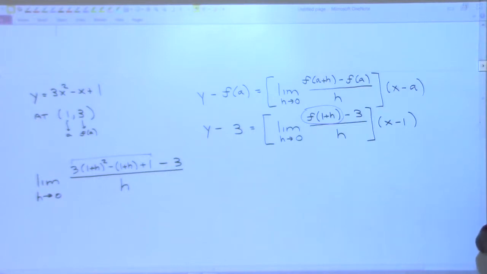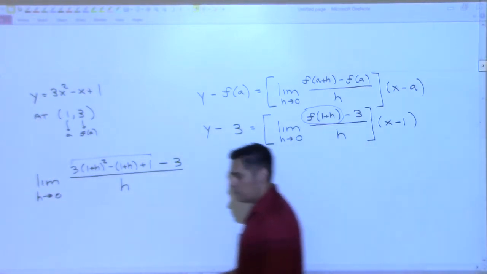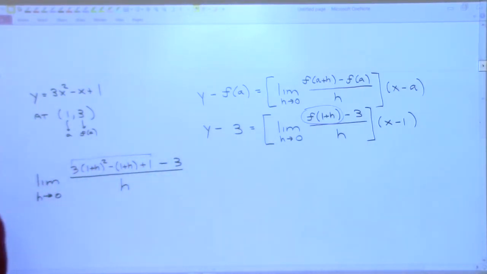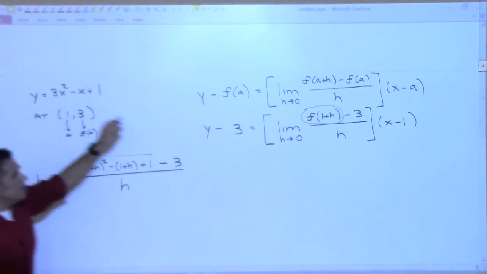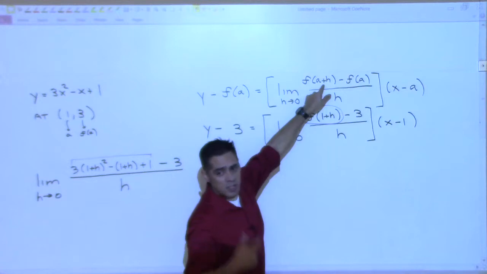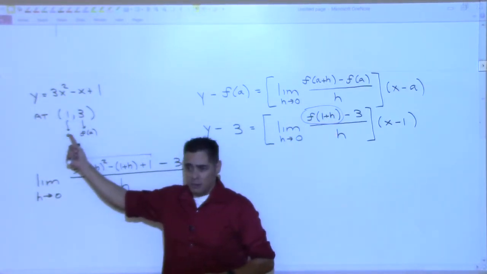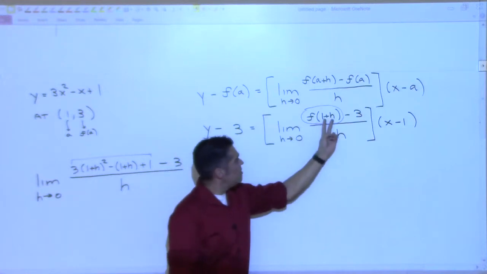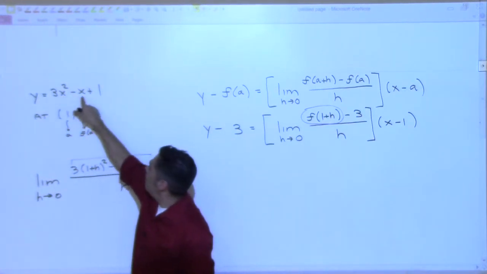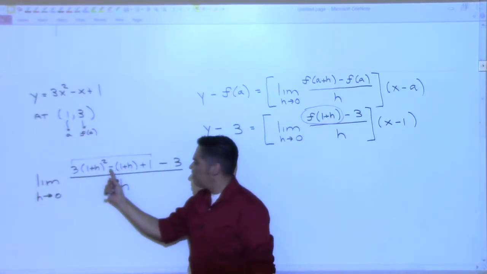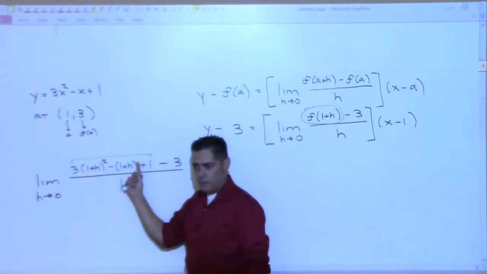Now I can, yes? So what you did there was you just replaced the x. I replaced the x in our function with a plus h, which in our case is 1 plus h because a was 1. Right? So this is 1 plus h. 1 plus h went there, and I had to put this in parentheses because the negative had to go through to both. Why?